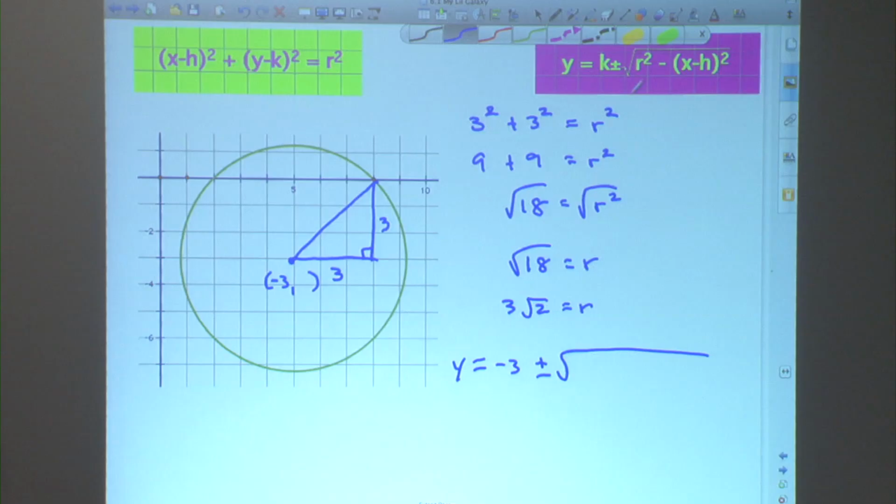What's the square root of 18 squared? A square root of any number, and then you square that, it just takes the square root off. Okay, and then we've got x minus, what's our h? Oh, oops, sorry. Yeah, 5.